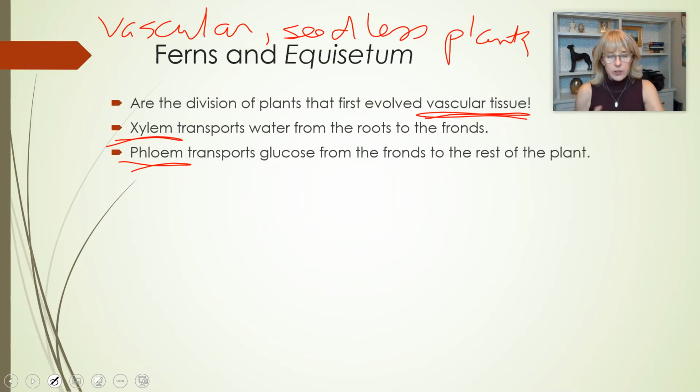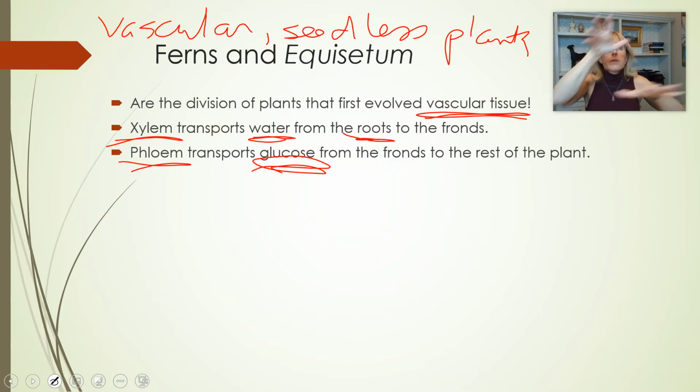Now, this vascular tissue is divided up into xylem and phloem. They are different tubes in every plant that is vascular. The xylem transports water from the roots up to the fronds or leaves. The phloem transports glucose that's been made by photosynthesis in the leaves or fronds, moving that nutrition around the plant.